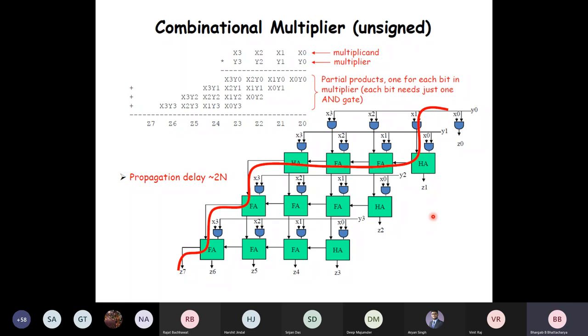But just one last question: what would be the next possible improvement? Here you don't see the application of carry save addition, right? It is a straightforward implementation.